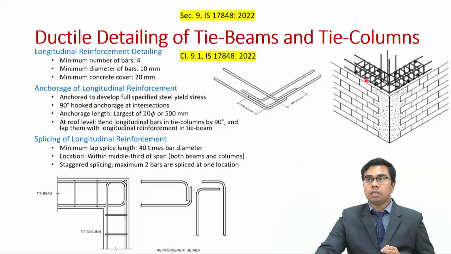Now, apart from these longitudinal steel, you need to anchor these longitudinal steel whenever you have a corner joint. For example, you have a corner joint over here, where orthogonal walls meet at a certain point.